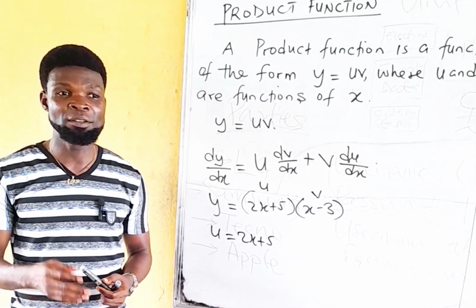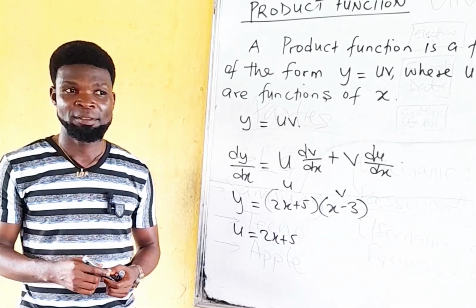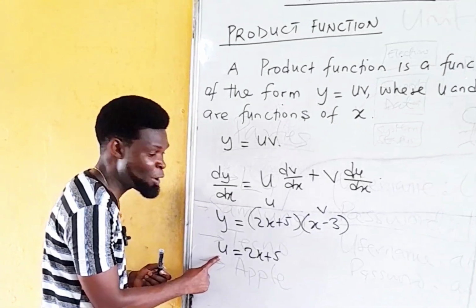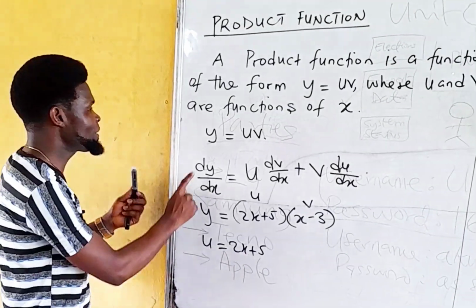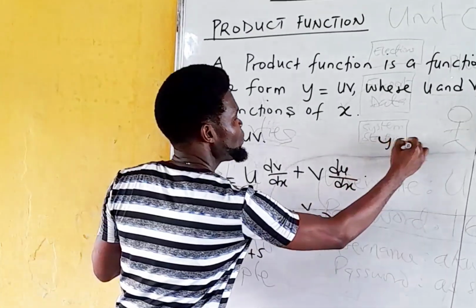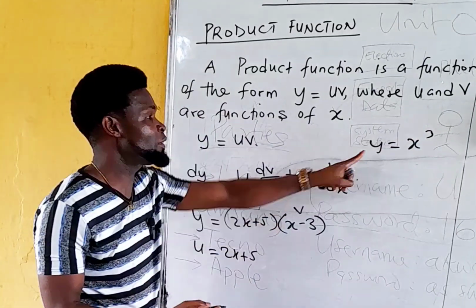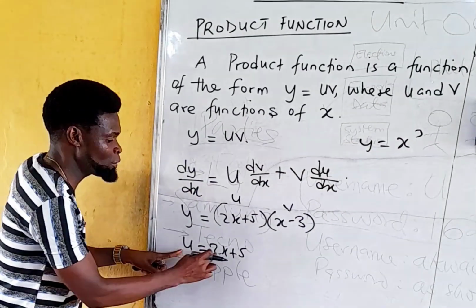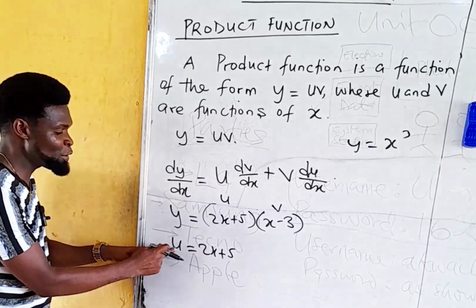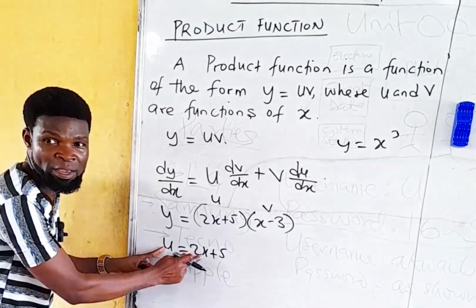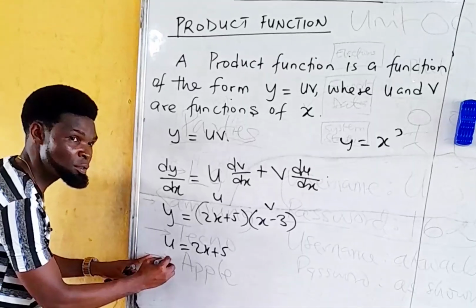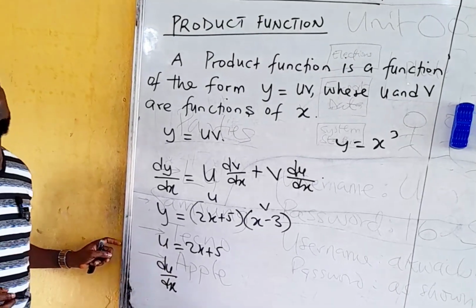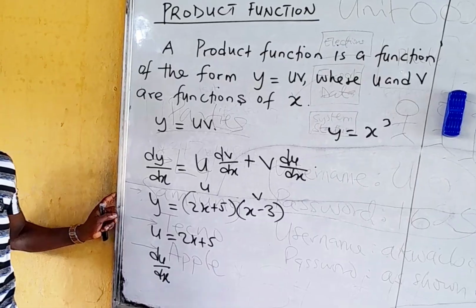I will differentiate u with respect to x. Remember, when it is y is equals to x cubed, we differentiate y with respect to x. So since I have u equals to 2x plus 5, I'll be differentiating u with respect to x. So I will say du over dx.